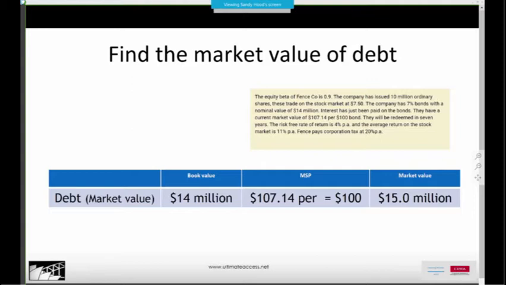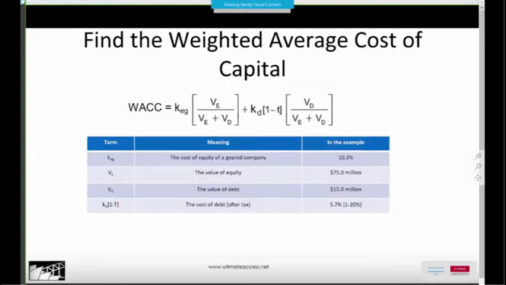We now have all the components that we need to go into the calculation of the weighted average cost of capital. So about a third of the way down the page we've got the formula. Ke, the cost of equity, times the proportion of equity within the total capital of the company, plus the cost of debt.